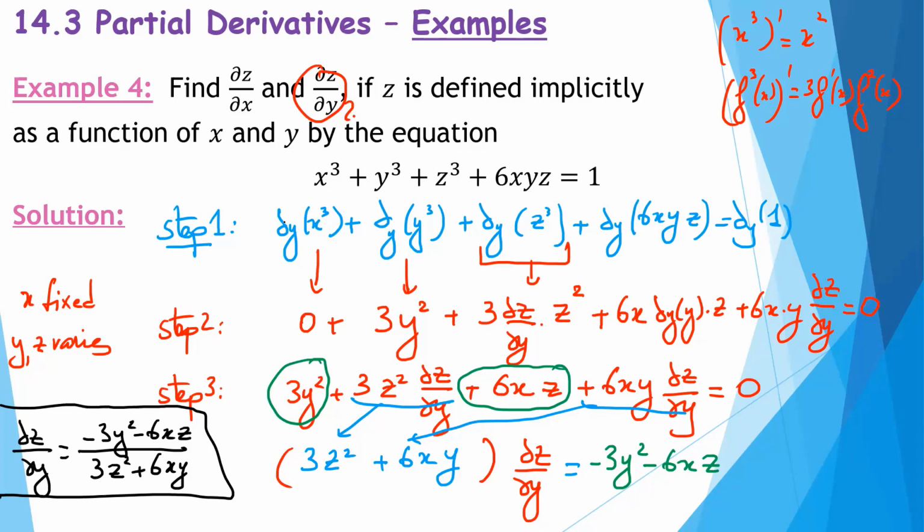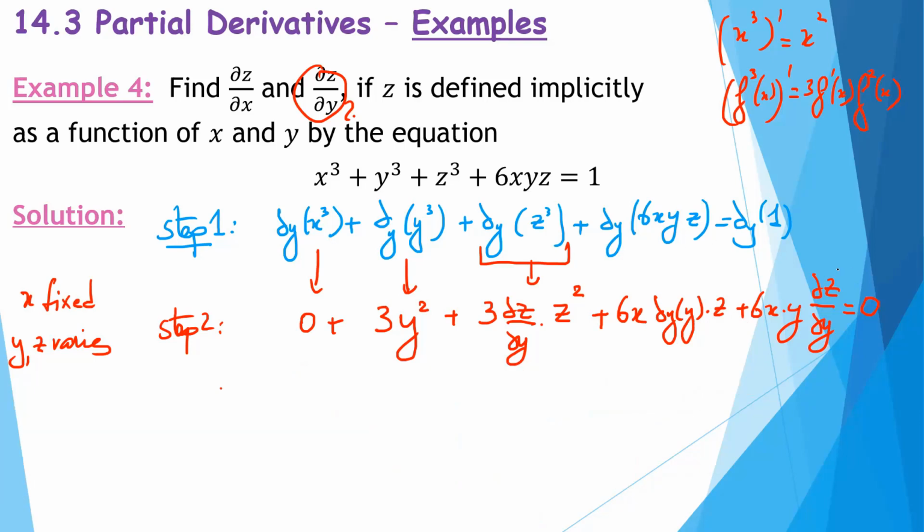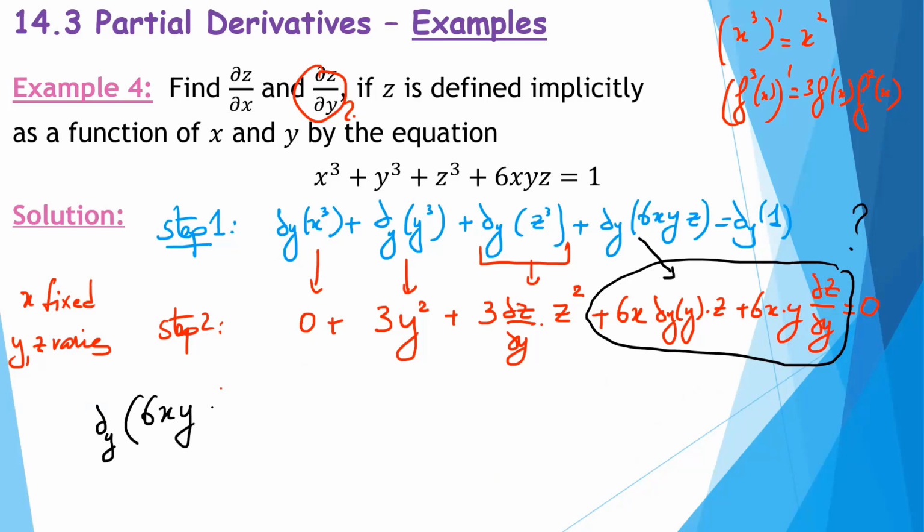Doctor, yes, can you explain step 2? I tried to understand step 2, the last part, 6xyz. So how did we obtain this? This is dy of this term, 6xyz. In this term we have a product, right?